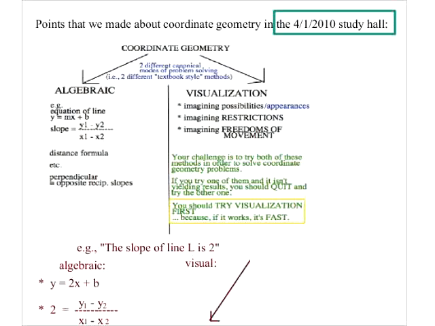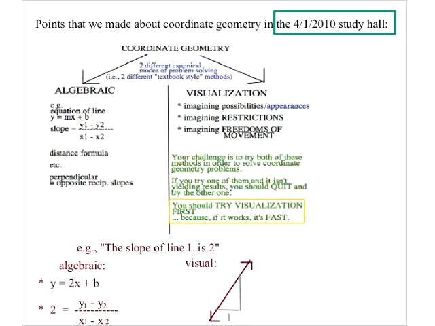It goes up from left to right. Specifically, 2 over 1 is the slope. So for every 1 unit that it goes over, it goes up by 2 units. So that's what it looks like from the visual standpoint.